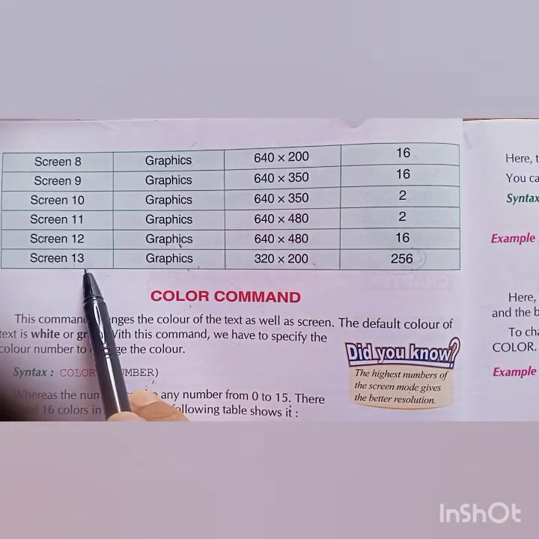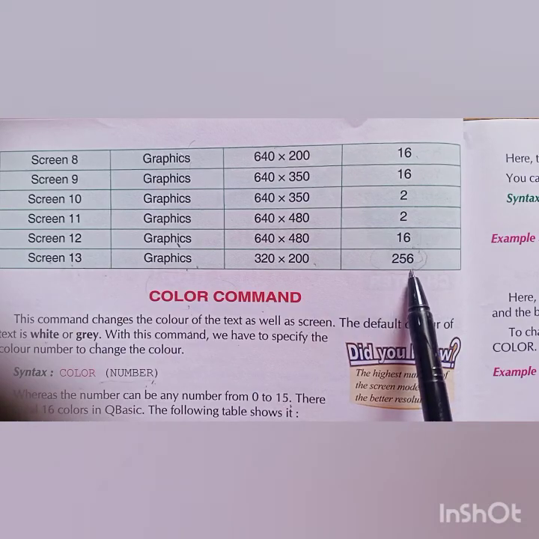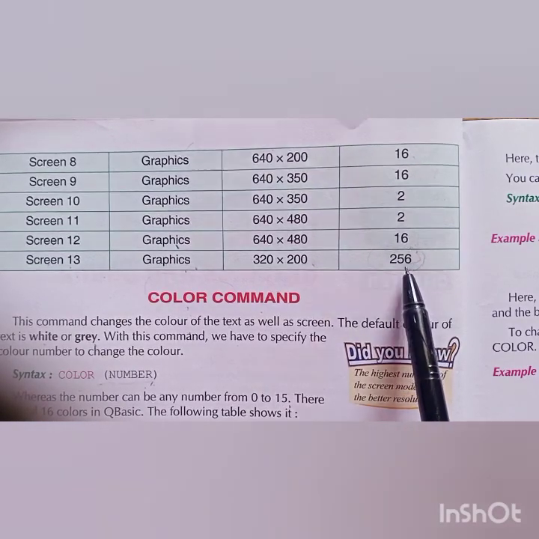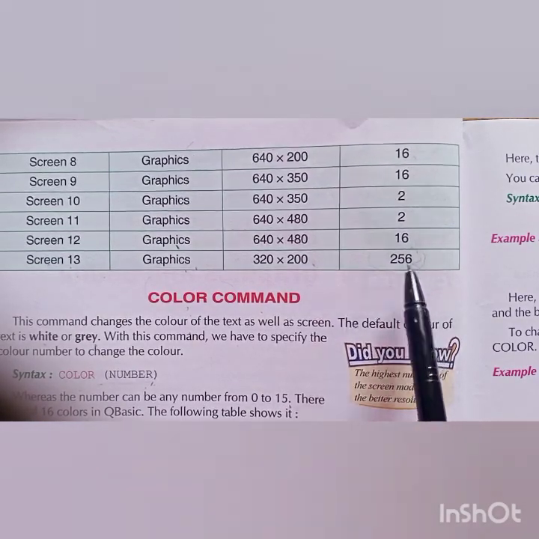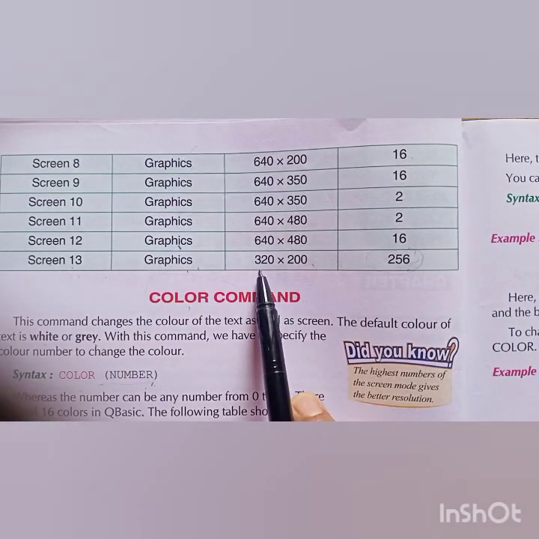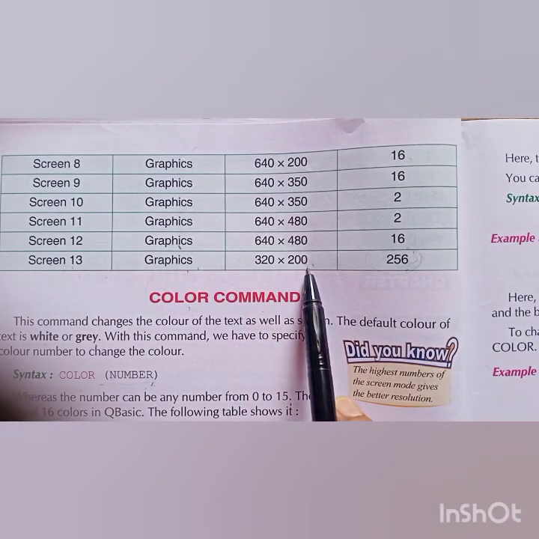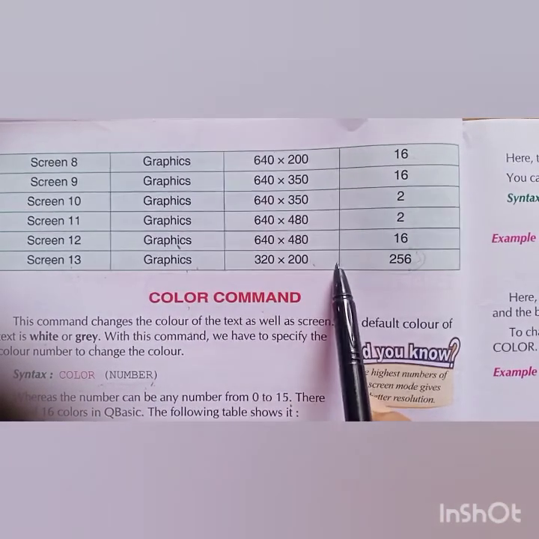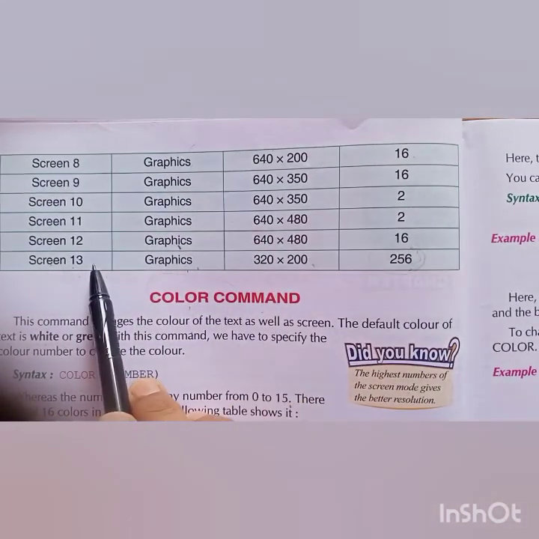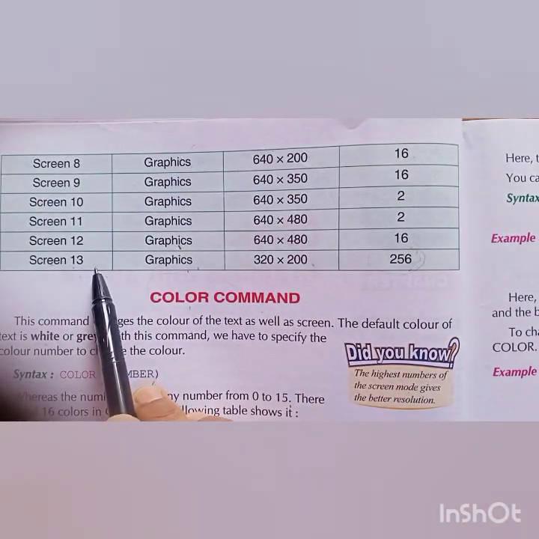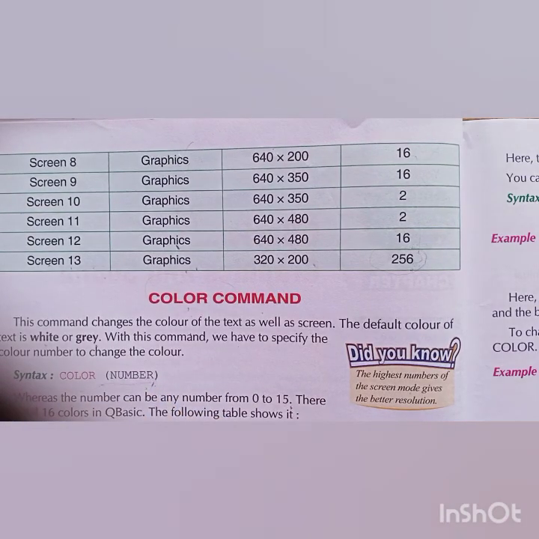And screen 13 is the one which is going to give you the maximum number of colors, that is 256, and the screen resolution is also good, 320 by 200. So this way you can make use of the screen command. You will choose which type of screen you are going to work with.